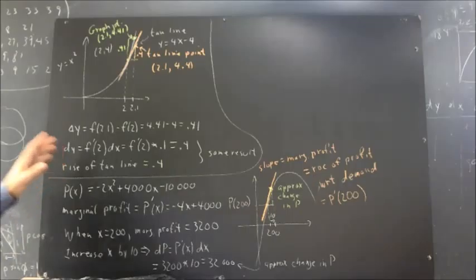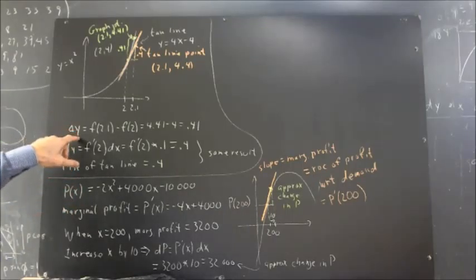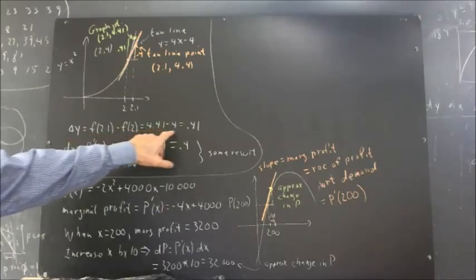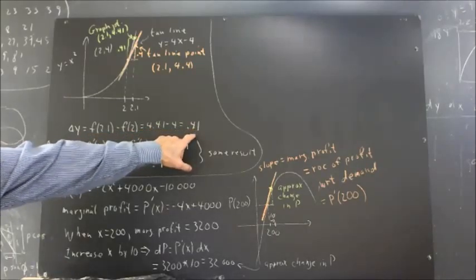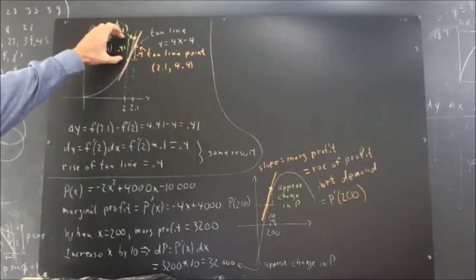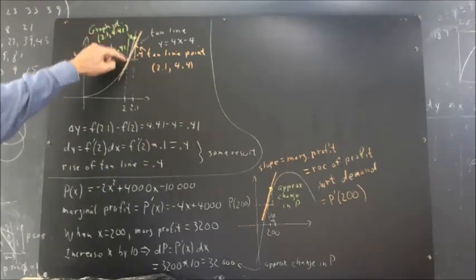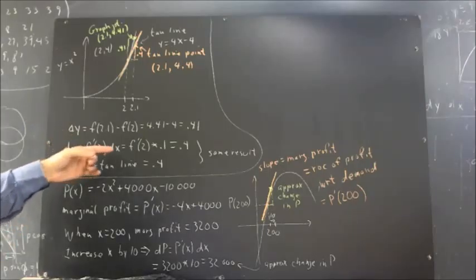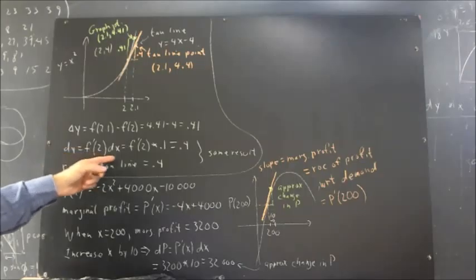Okay, so delta y, the actual change in y, is f of 2.1 minus f of 2, 4.41 minus 4. That's 0.41, indicated by the 0.41 corresponding to this green rise. dy is our f prime of x times dx, our f prime of 2 times dx.